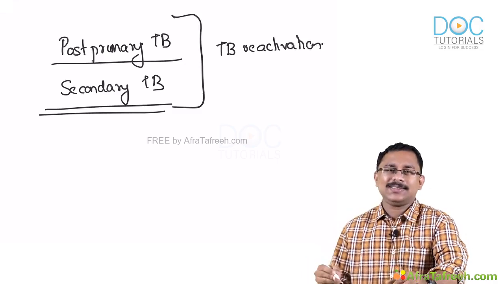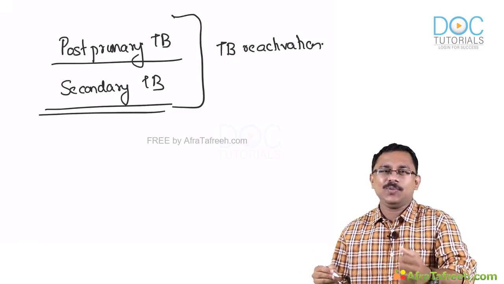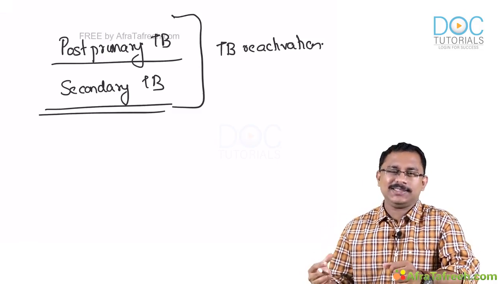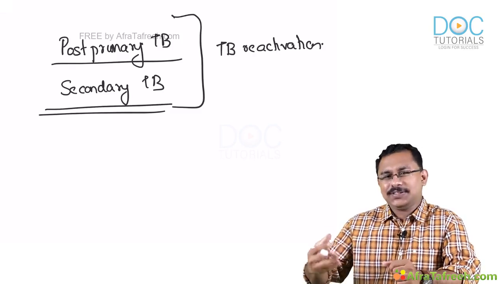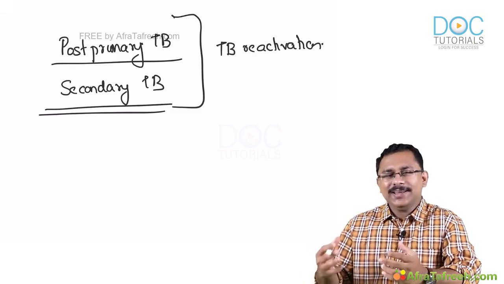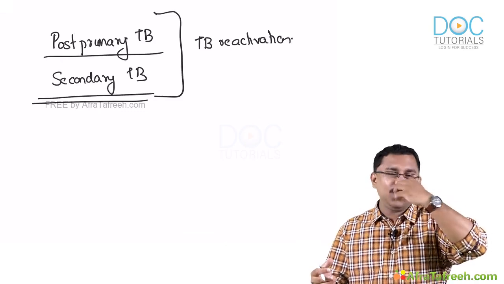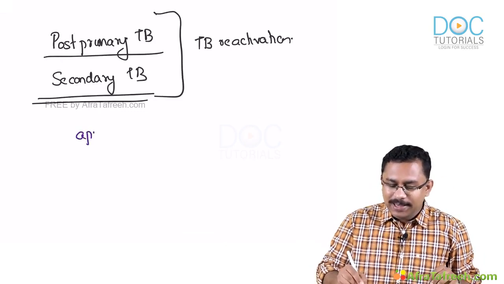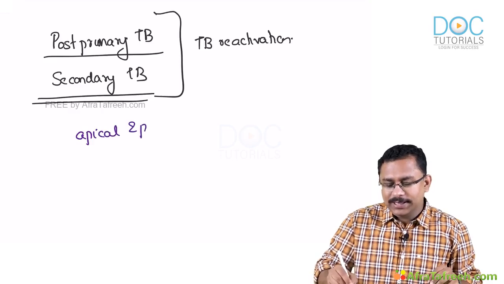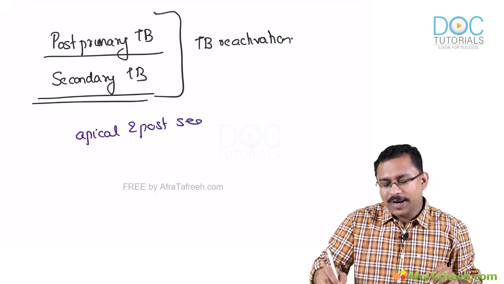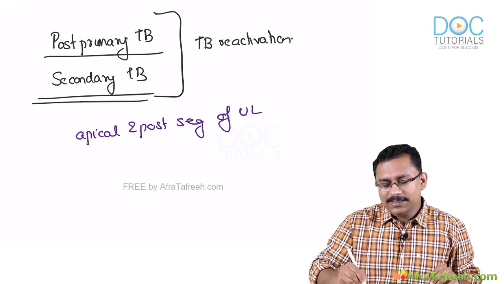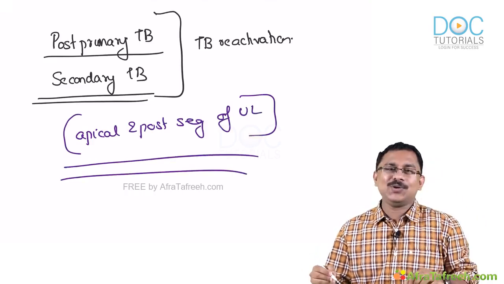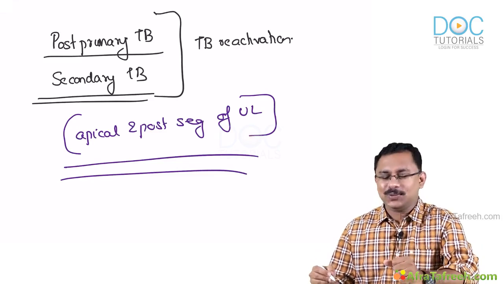Tuberculosis reactivation, that is your secondary tuberculosis. Now, when such a reactivation of this infection occurs, it is predominantly the apical and posterior segments of the upper lobe that are going to be involved in a secondary tuberculosis or a post-primary tuberculosis.